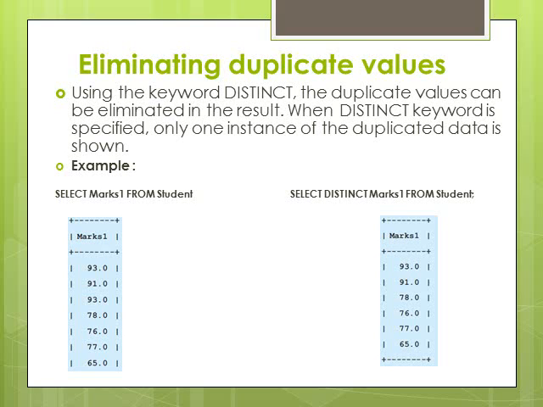If you compare both the outputs, you can see 93 is displayed twice in the first output, but using the keyword distinct, it is showing 93 only once. It has eliminated the duplicate value, that is 93, from the output. This is the use of the distinct clause.